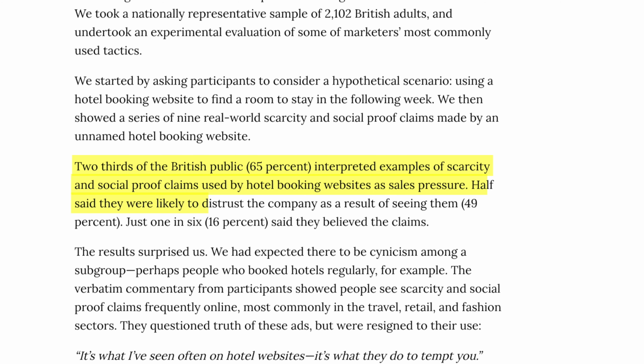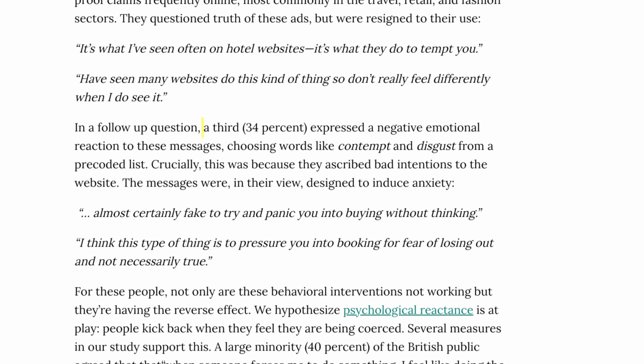They did the research with about 2,000 people in the UK, and they found that this technique that used to be a huge boost in conversions only a few years ago is now not only dismissed by some people as a marketing ploy, but in a follow-up question, 1/3, about 34%, expressed a negative emotional reaction to these messages, choosing words like contempt and disgust from a pre-coded list.